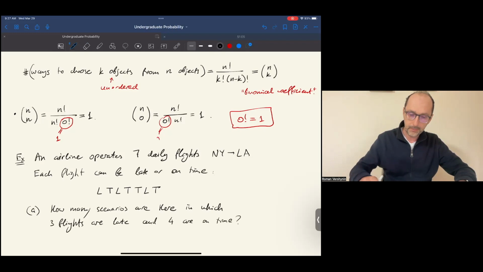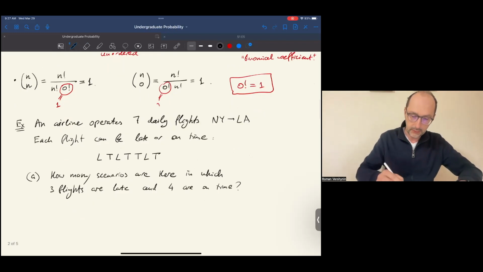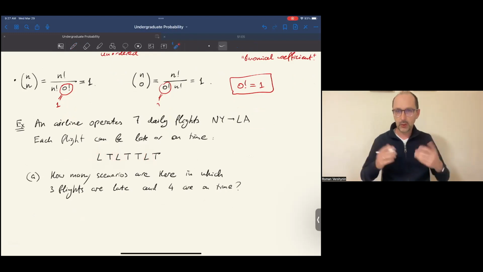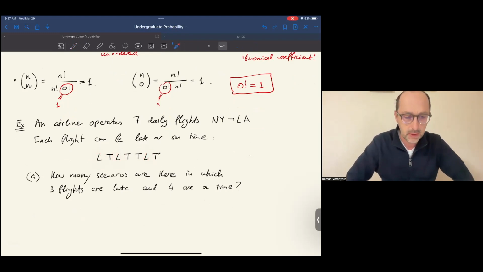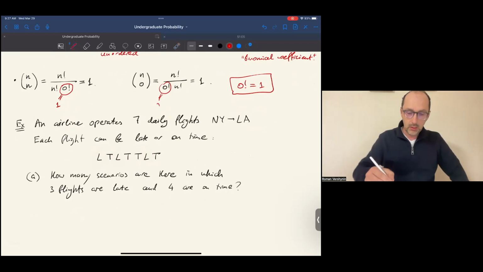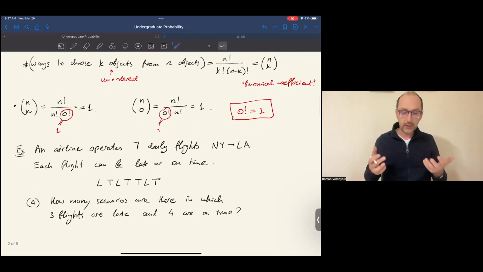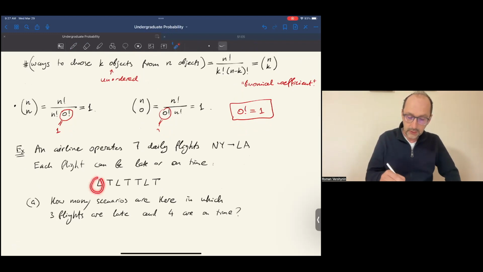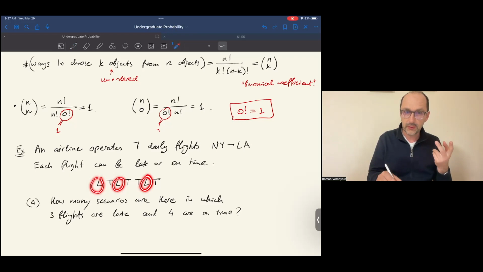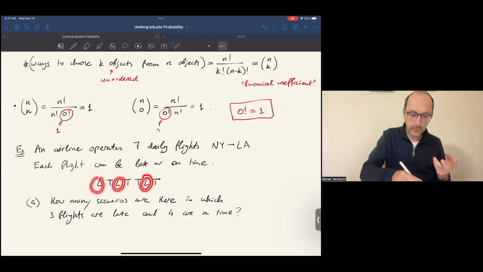In this case, 1, 2, 3 is late. So how many such scenarios are possible? To count all possible scenarios, we can just choose the late flights. How many ways are there to choose the 3 late flights?